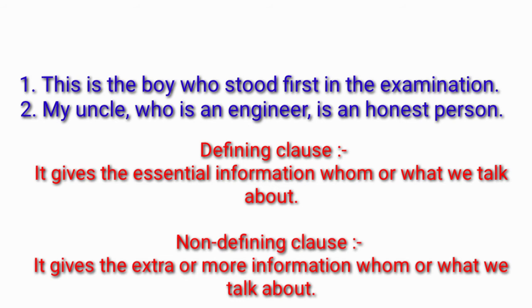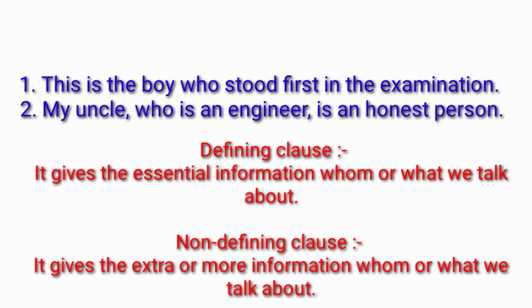On the other hand, non-defining clause gives the extra information or description which is not the essential part of the sentence, and this clause is separated with two commas from the main part of the sentence. Look at the second example. My uncle, who is an engineer, is an honest person.